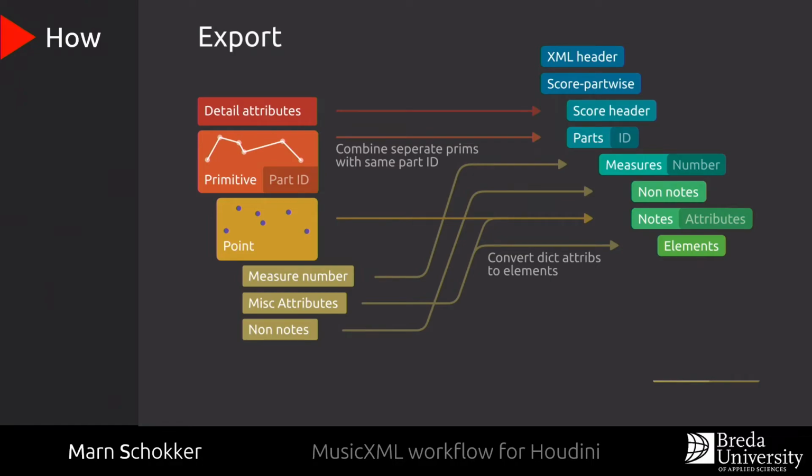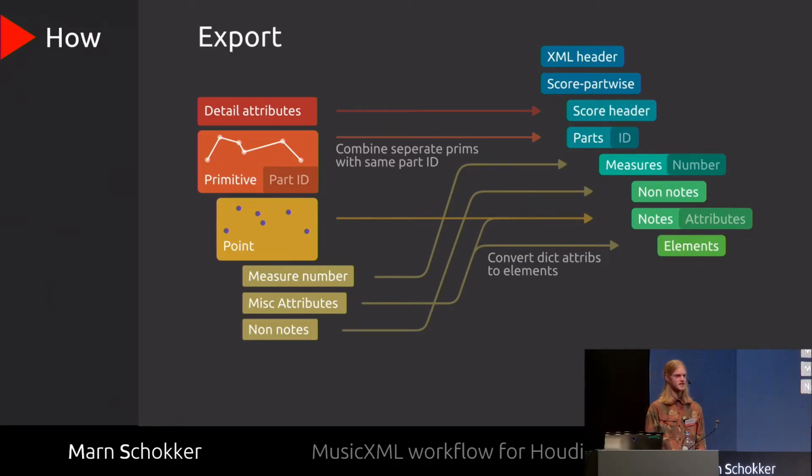The conceptualization of the export function was developed at the same time as the import, which made it fairly simple to develop this feature. What's good about the MusicXML format is that it's text-based, it's XML, which makes it very easy to debug.